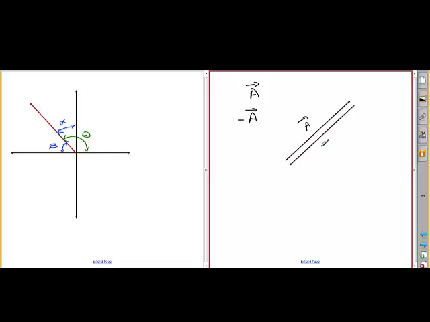So this would be vector A, and this would be negative vector A. And we'll have to talk about adding vectors here in just a second. So at the same length, they just have a 180 degree or pi radians different angle.